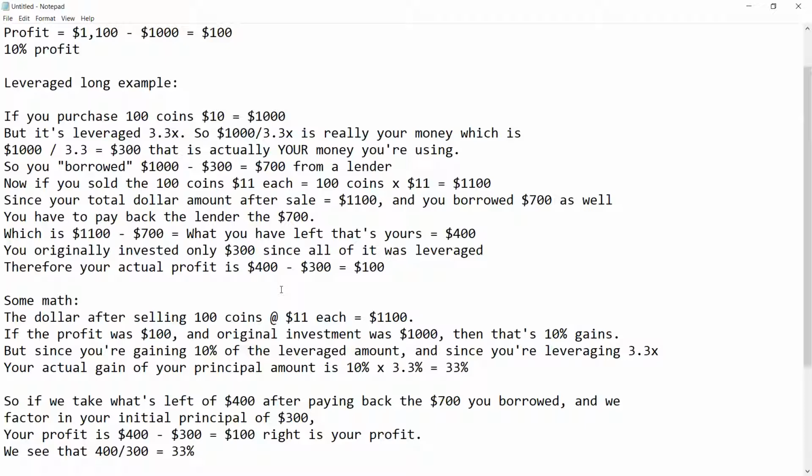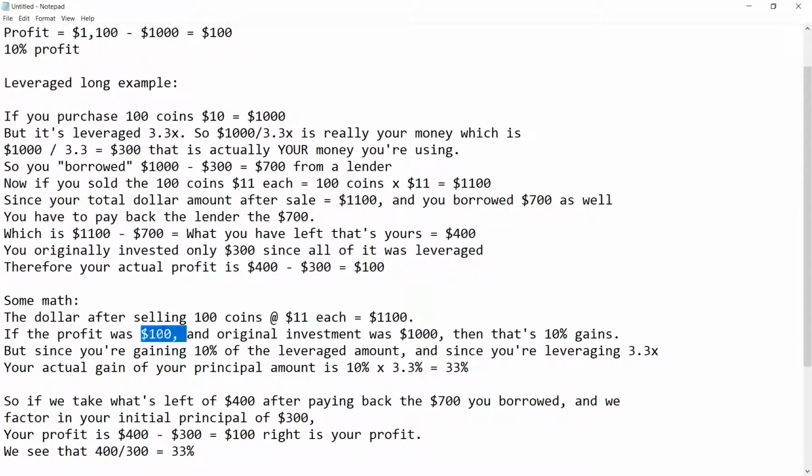But because it's leveraged and you're now playing with $1,000, instead of gaining only 10% of your original principal, you're now gaining a factor of 3.3. So the dollar amount after selling 100 coins at $11 is equal to $1,100.